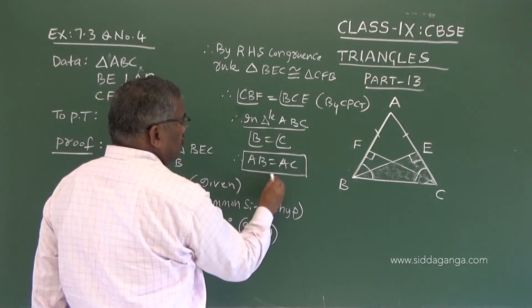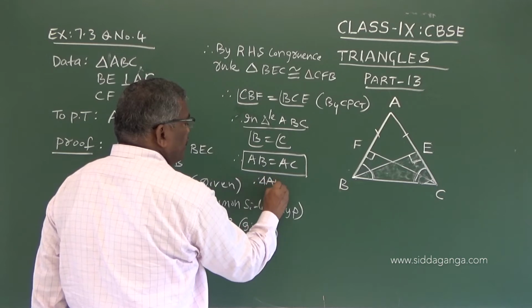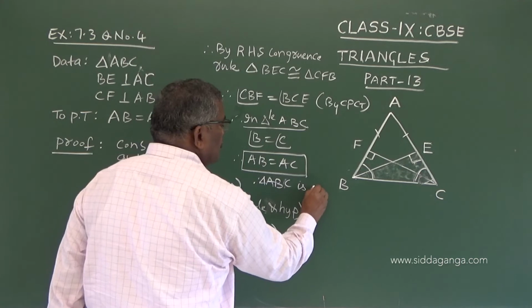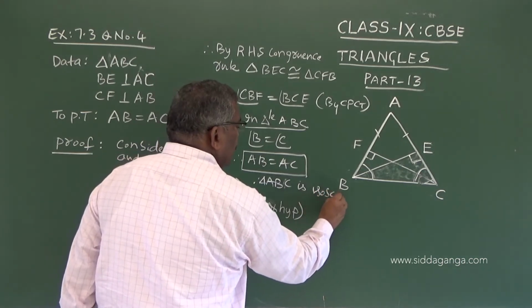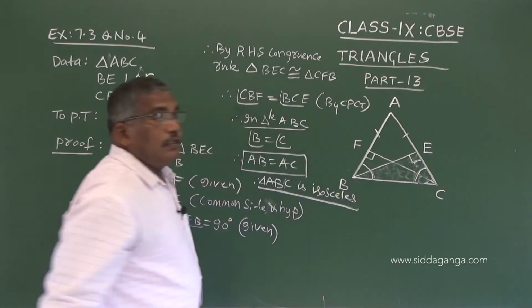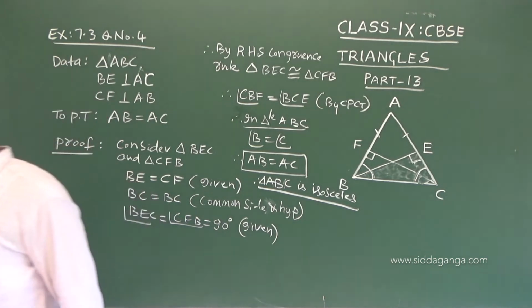Therefore triangle ABC is isosceles. So this completes question number 4.